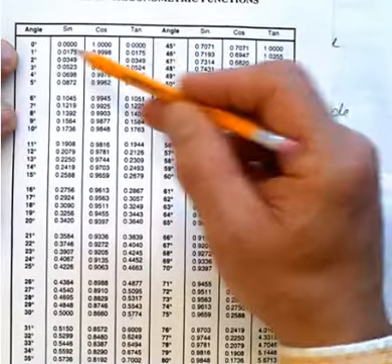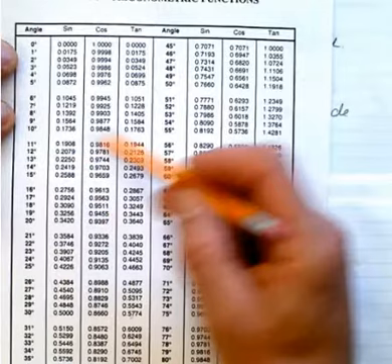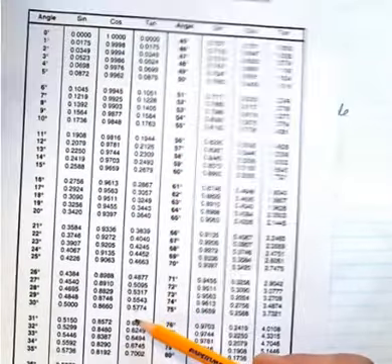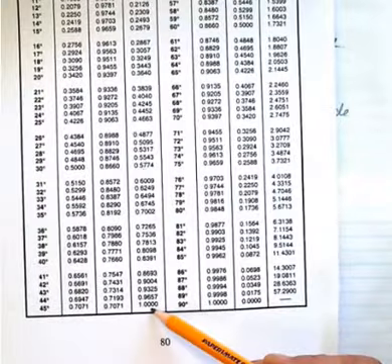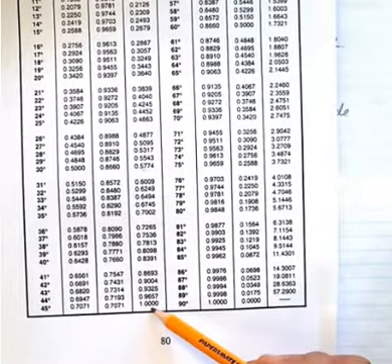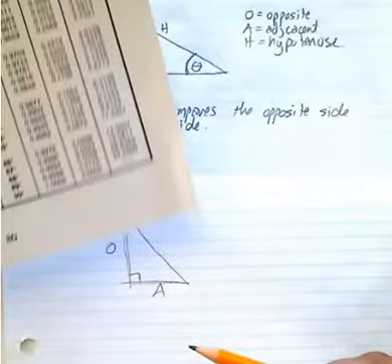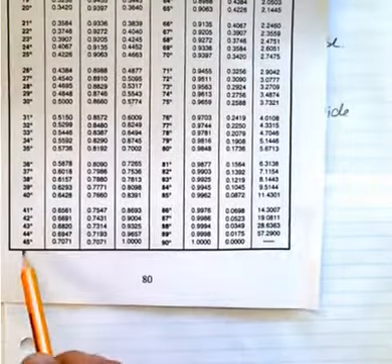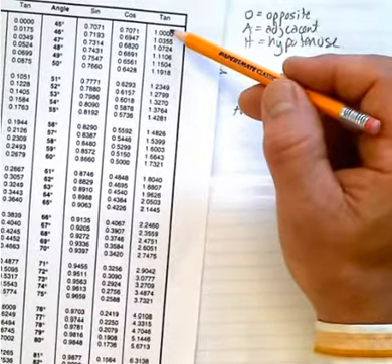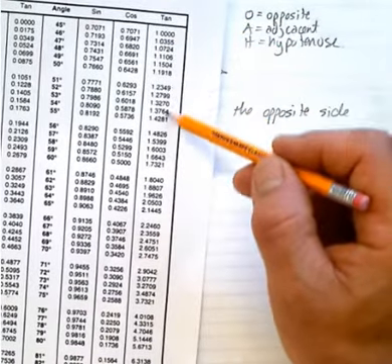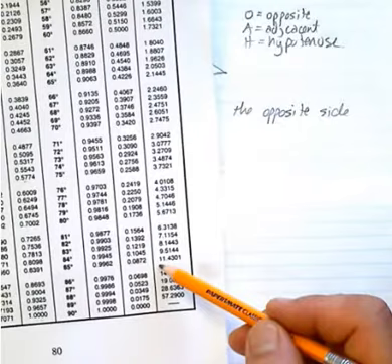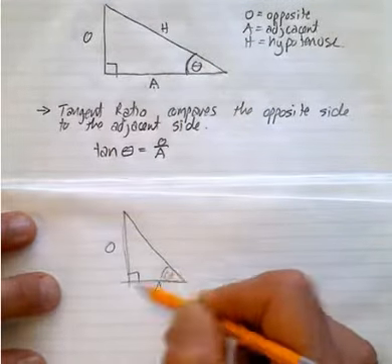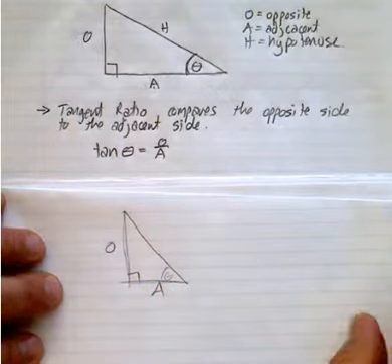As your angle increases, your tangent ratio increases as well, all the way up till we get to 1. Actually, no, it goes even higher. Sorry, that's for 45 degrees. And then it starts over here, 46 degrees. We keep going up. So as the angle gets bigger, your ratio gets bigger.